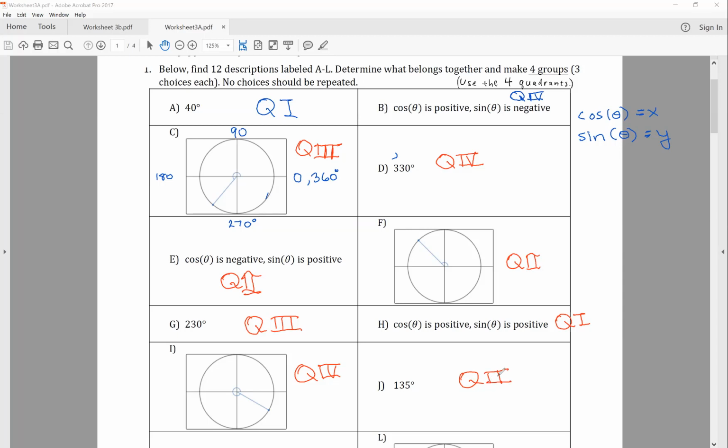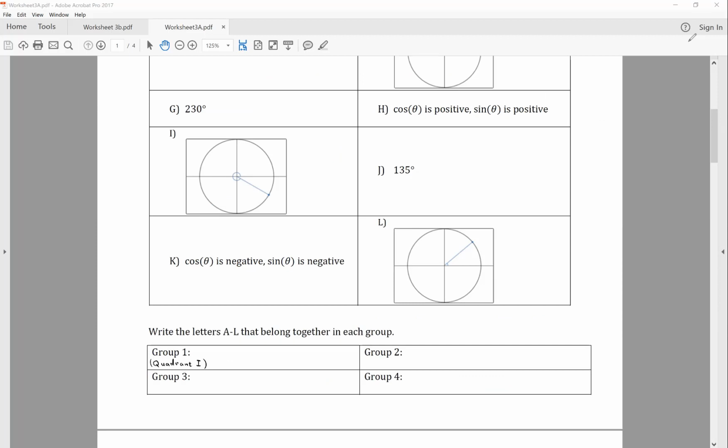Here, I'm going to write this down on my paper. So K, cosine is negative. I'm going to color in this circle in I. So cosine is negative everywhere here, because that's where x is negative. And then sine is negative just everywhere here, right?